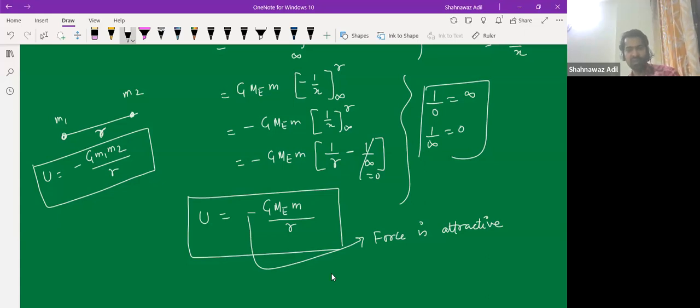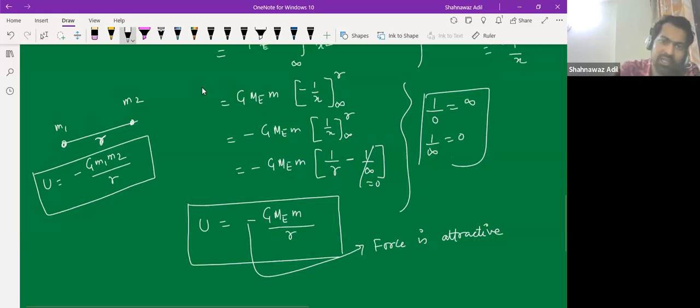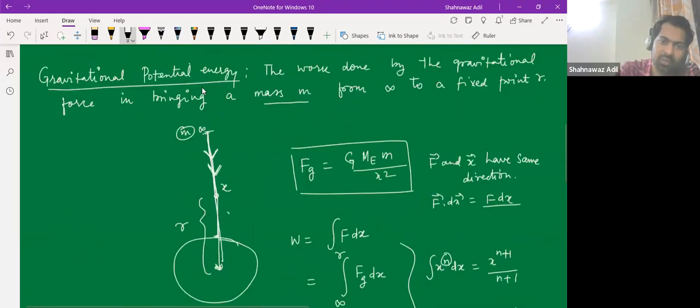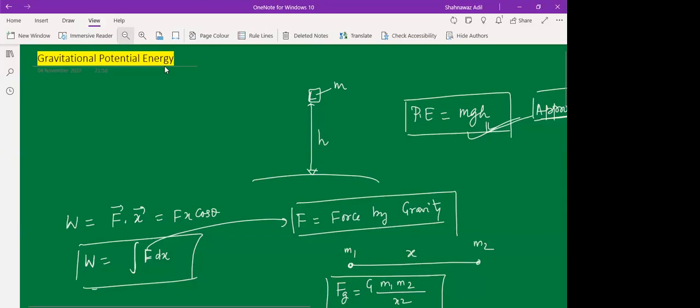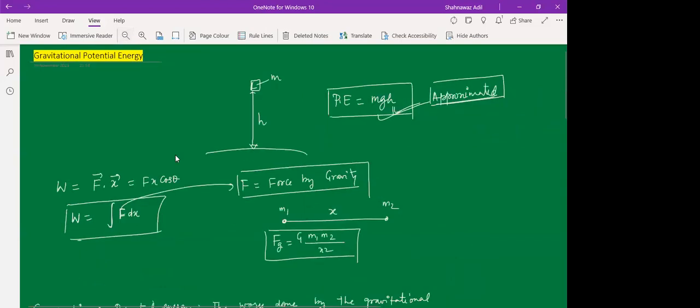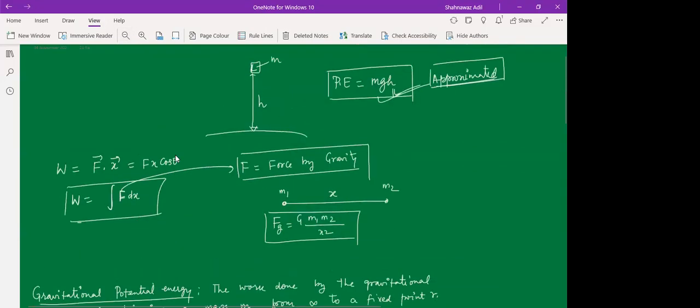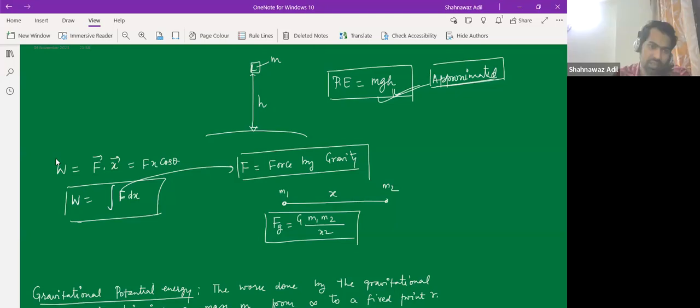So we still have not got our potential energy in the form of mgh. That we will see. But please note this down.